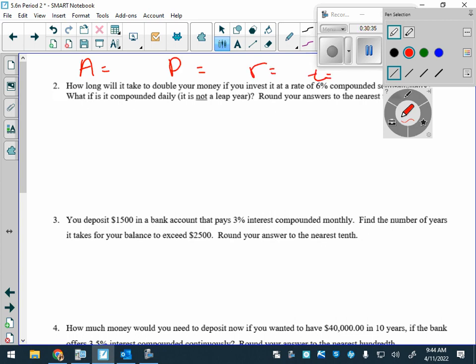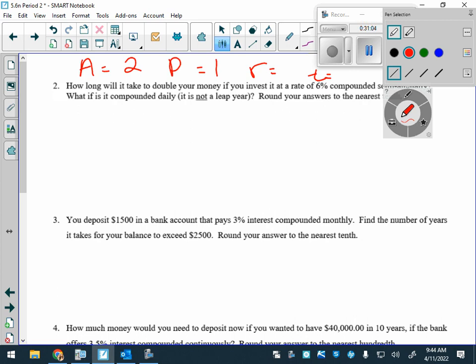What you want to start with is something very simple. I want to double my money. The easiest one to enter: say my initial amount, I deposited $1. To double it, what would be my ending amount? 2, right? Very simple. Why make yourself crazy by putting in 100, doubling it for 200? Keep it simple.